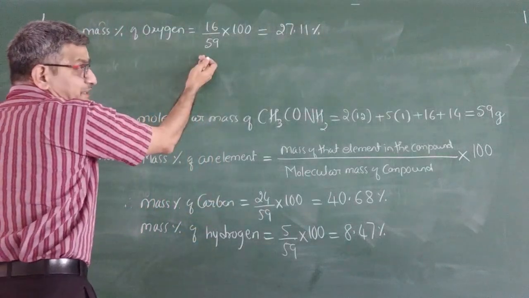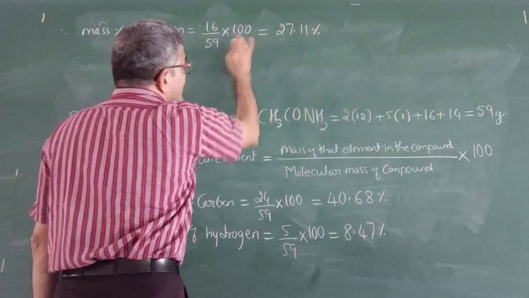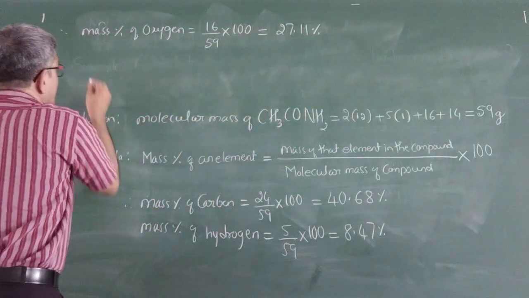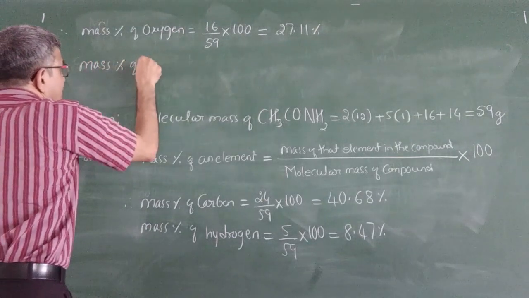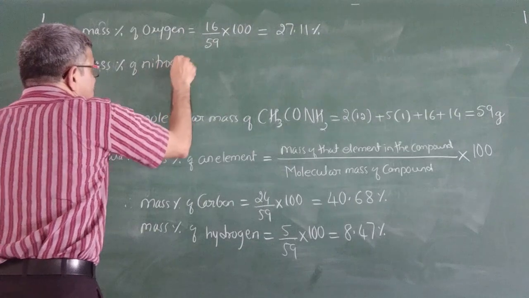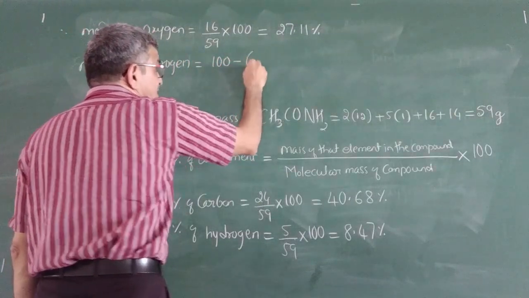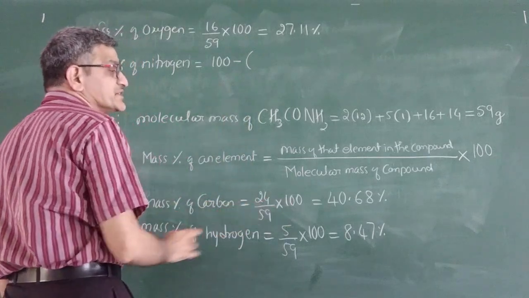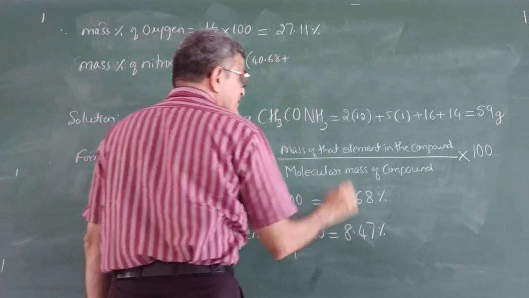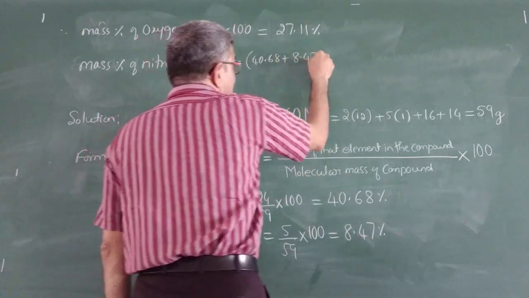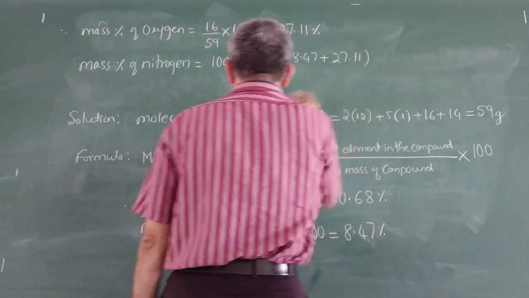You can convert this method also: 14 divided by 59 into 100 will also give it. Okay, so I will go for another method. Mass percentage of nitrogen equals 100 minus this percentage, that is 40.68 plus 8.47 plus 27.11.